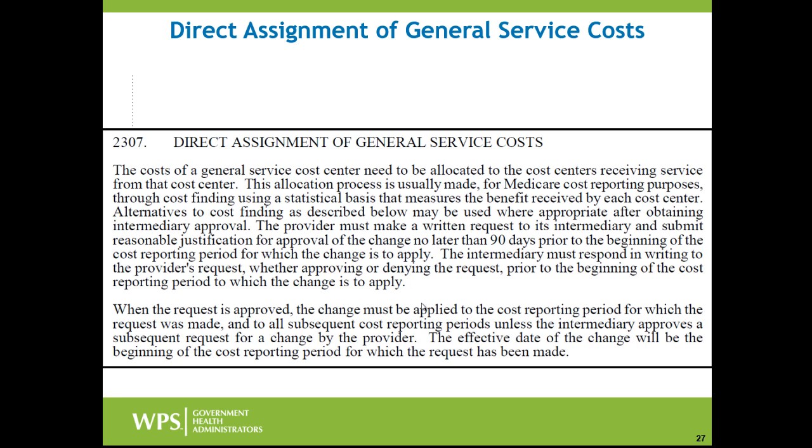The provider must make a written request to the MAC no later than 90 days prior to the beginning of the period. We talked about that. The MAC will respond in writing, and you'll know before the beginning of that cost reporting period whether it's going to be allowed or not. When the request is approved, the change must be applied to the cost reporting period and all the way in the future unless a timely request is made to change it, to revert back.